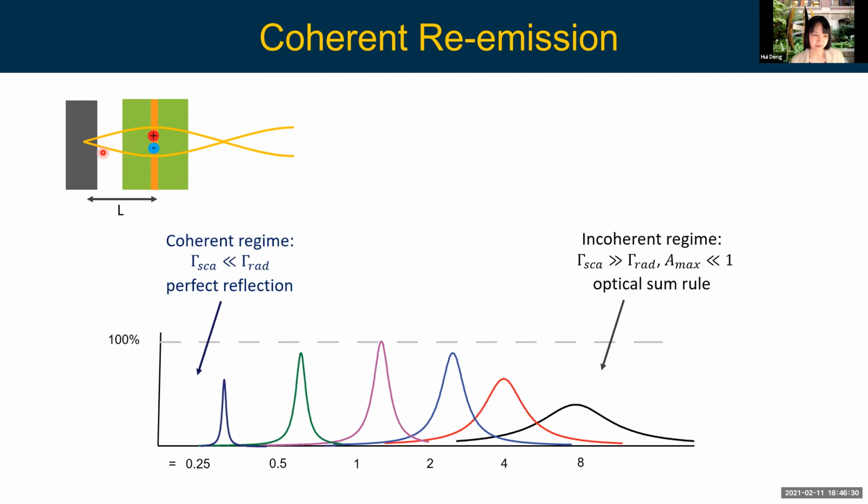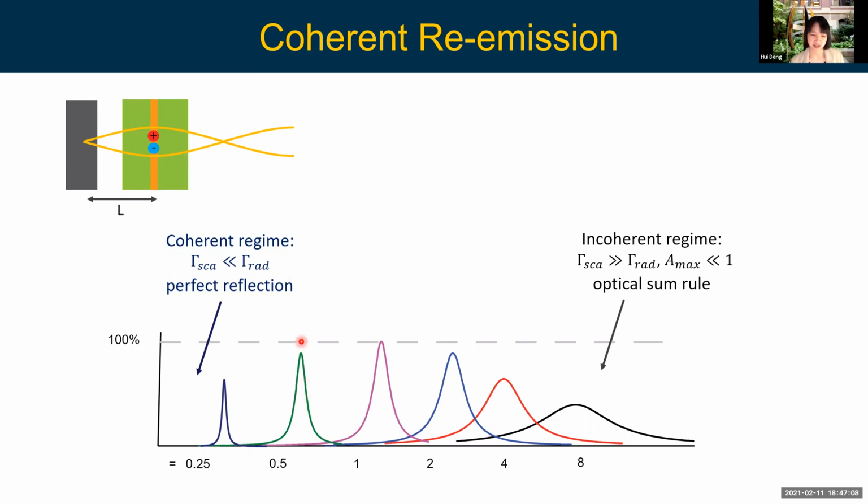But what if in our system the light and the matter interact so strongly that it always stays in the coherent limit? What do you think should happen to the absorption? What that means is that if we imagine we can remove any dissipation and decoherence, the line width should get narrower and narrower, and at a certain point the peak will reach 100% and cannot go over. When you keep going even narrower in line width, the peak cannot increase anymore.